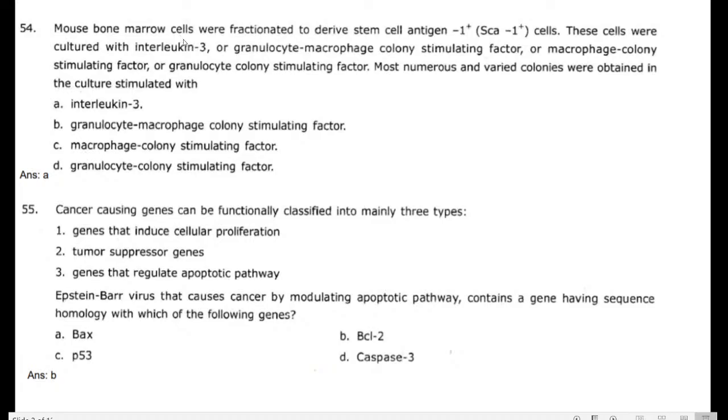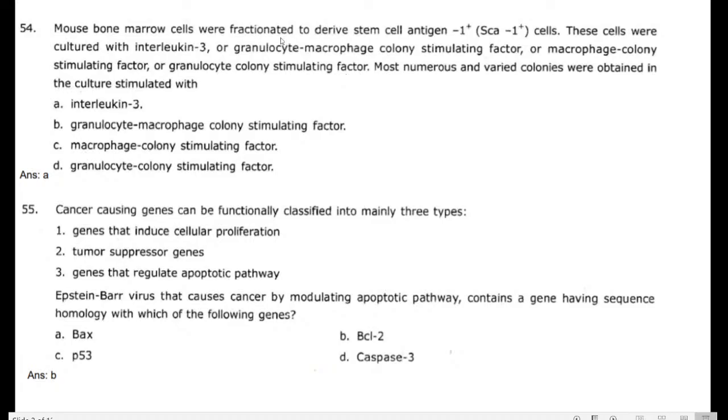Here, this is the keyword. The cells were cultured with interleukin 3, along with either granulocyte macrophage colony stimulating factor, or macrophage colony stimulating factor, or granulocyte colony stimulating factor.